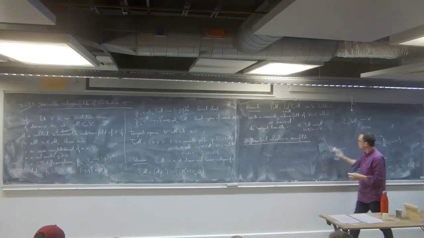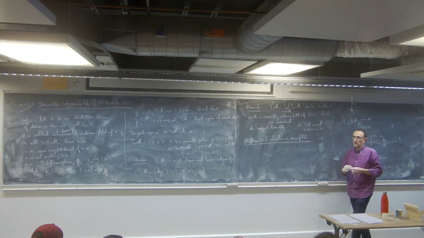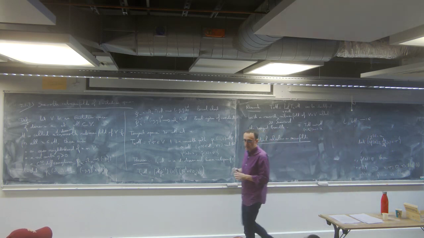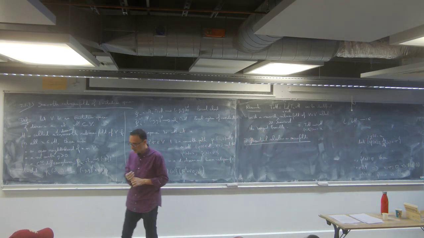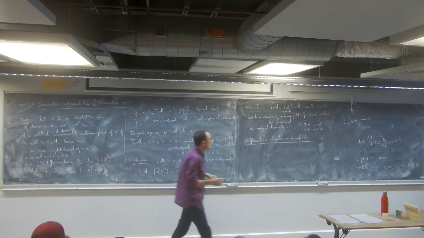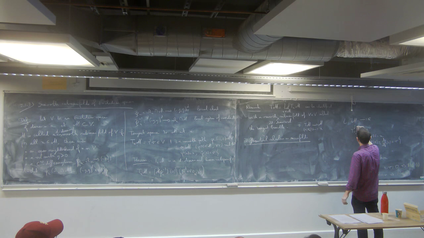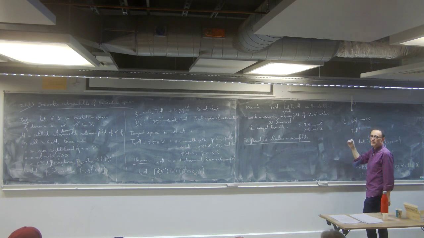The manifold is called the configuration space. The phase space is the cotangent bundle.